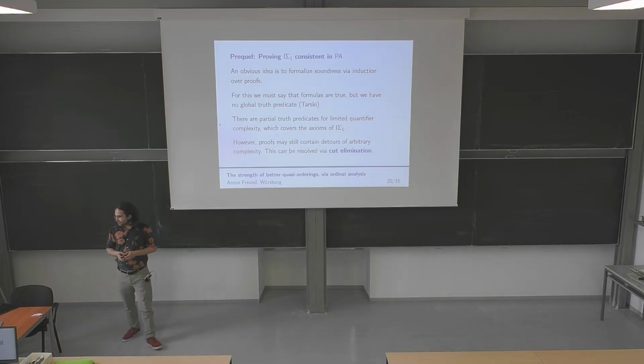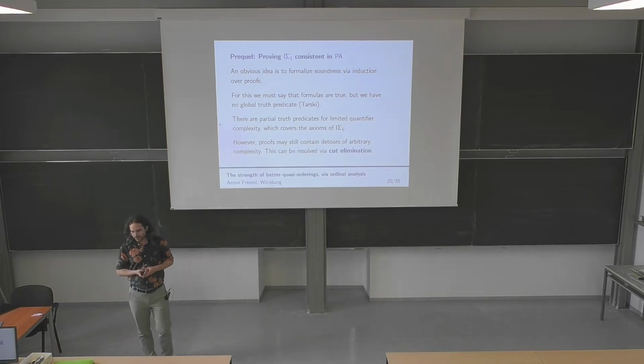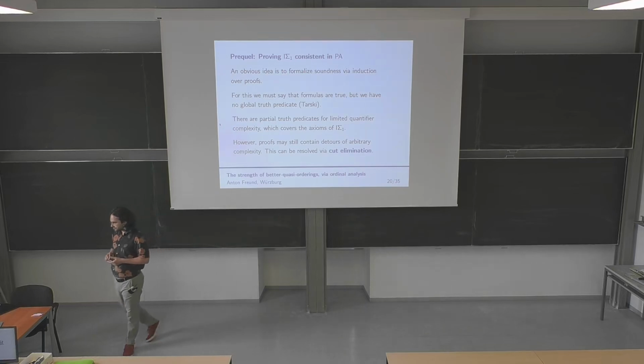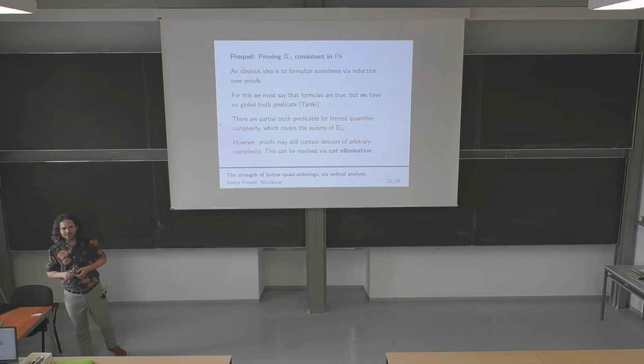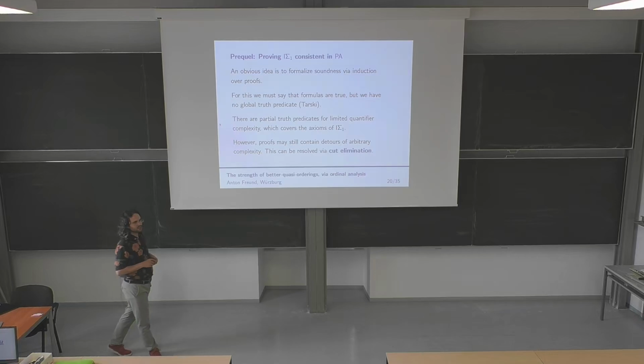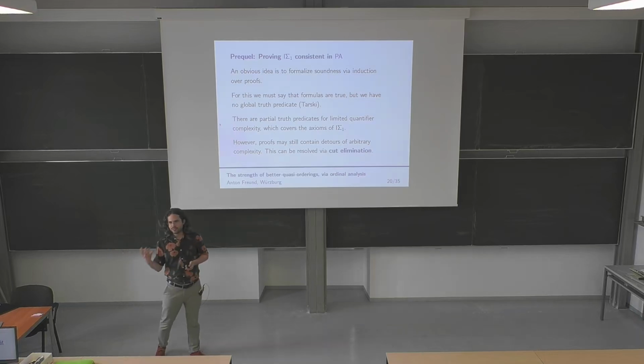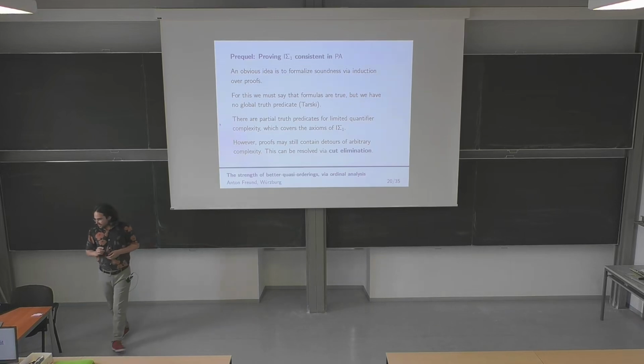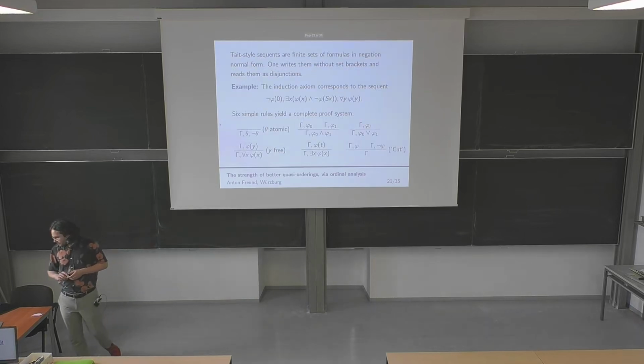So the full proof of contradiction, the potential proof of contradiction that you look at, might contain formulas of high quantifier complexity that are not covered by your partial truth predicate. So what do you do now? Well, one solution is to apply cut elimination, and what cut elimination does is remove precisely these detours through formulas of high quantifier complexity. Let's take a look at how this works.